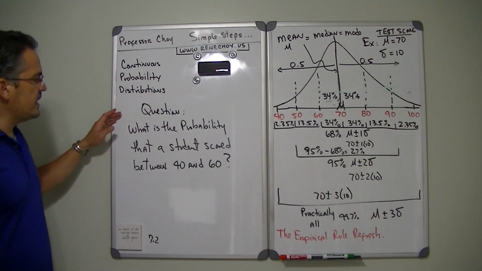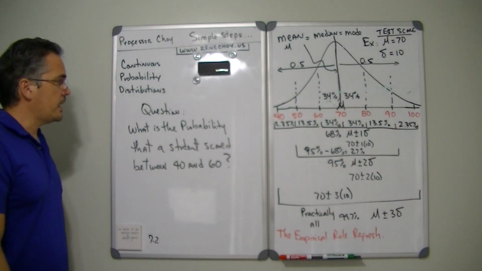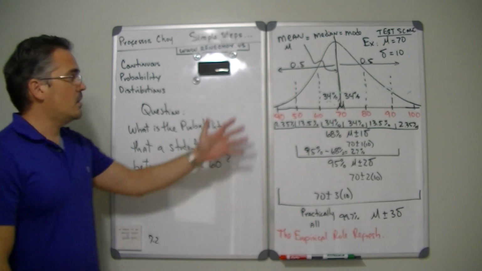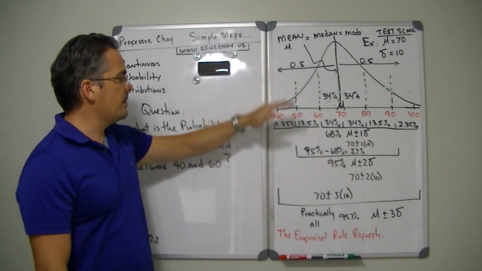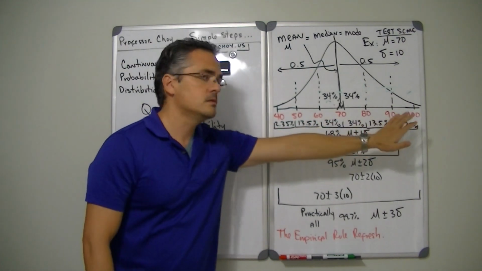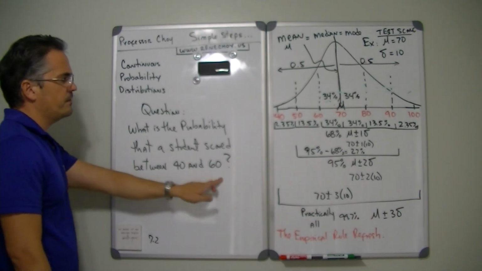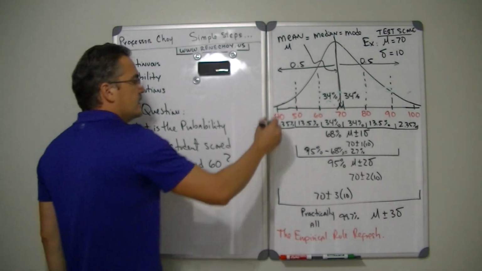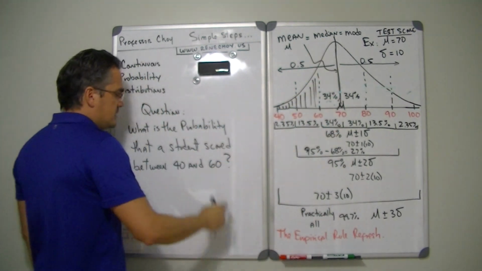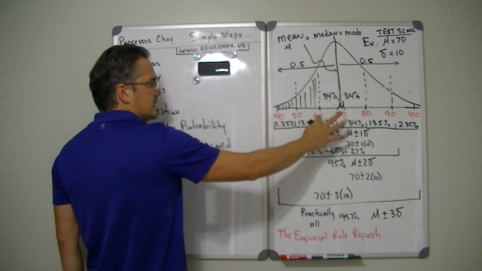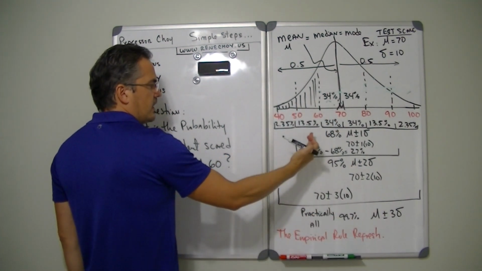So what is the probability that a student scored on their test between 40 and 60? Alright? Now, the probability under a normal distribution, again, is the area under the curve. The probabilities are these numbers that we found right here. So if we're looking for the probability that a student scored between 40 and 60, we're looking for this area here.